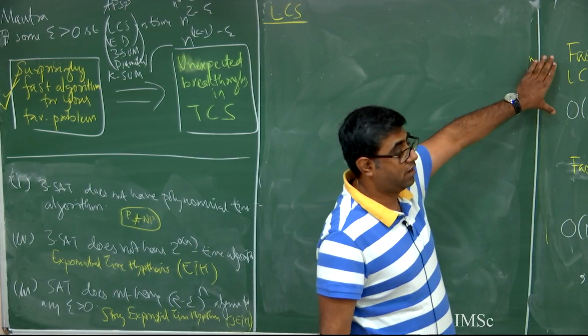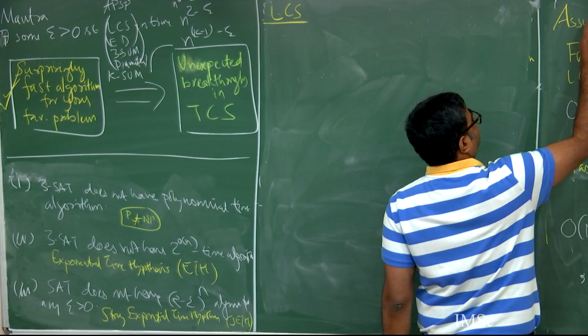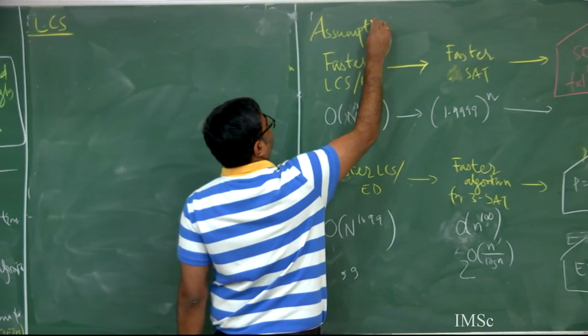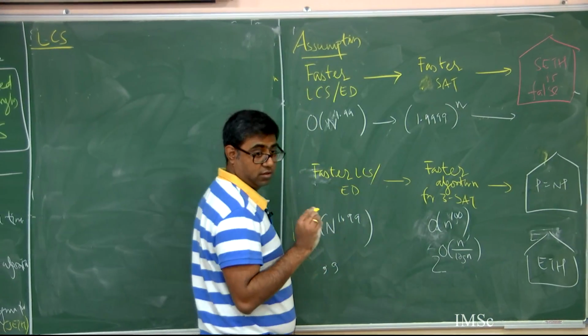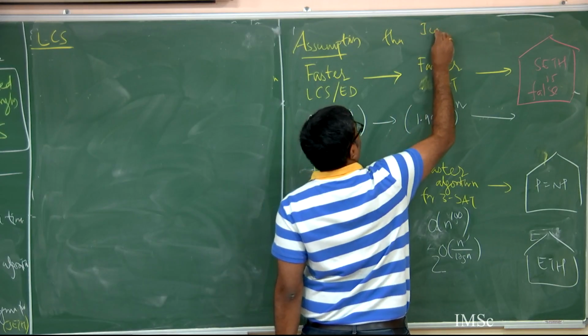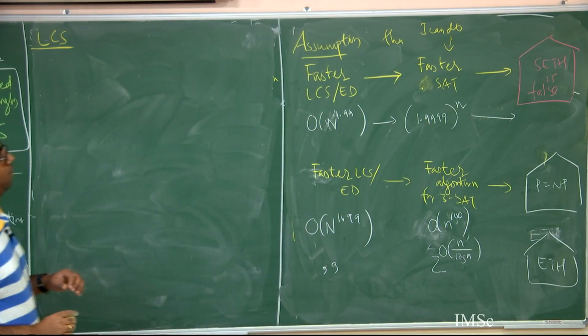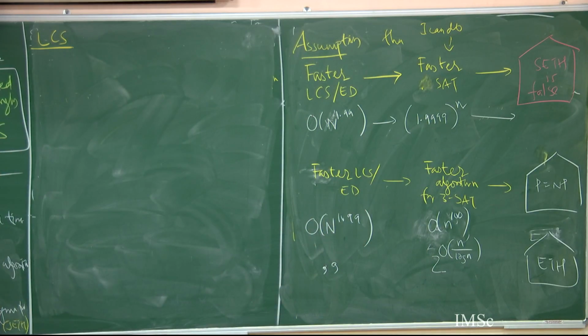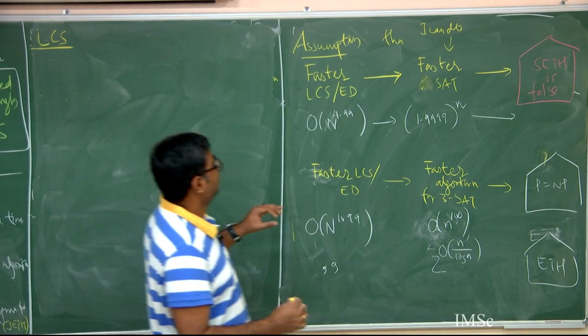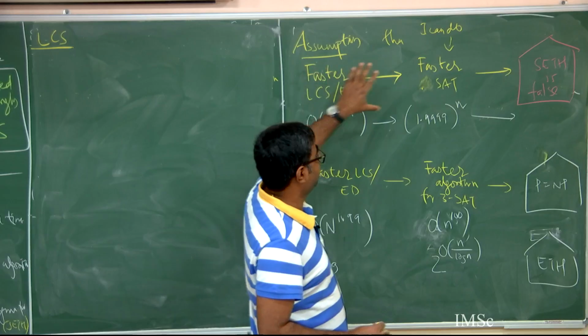So I have a faster algorithm, this is my assumption, then I can do this. This is basically what we are saying. So what does it mean to say that if I have a faster algorithm for this, then I can solve this?